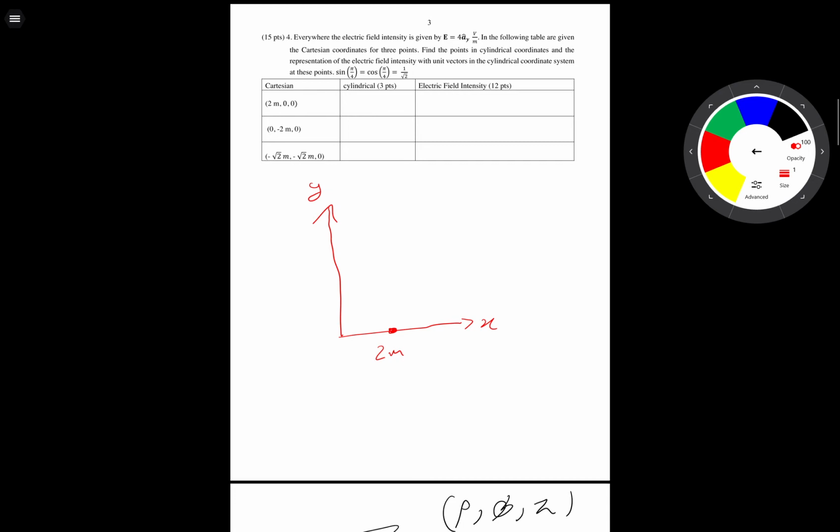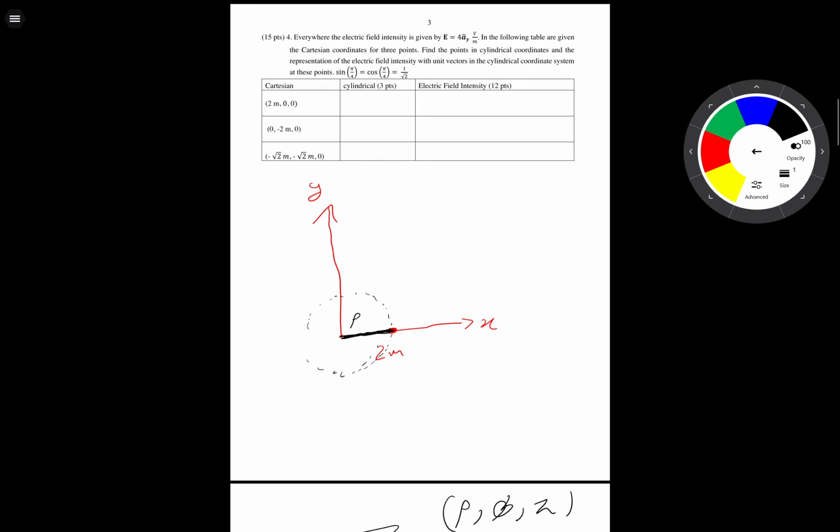So converting this into cylindrical coordinates, we know we have a cylinder with center at the origin, and the radius is from that center to that point. This is our rho component. If I draw out a cylinder, the rho value would be the same everywhere, centered at the origin.